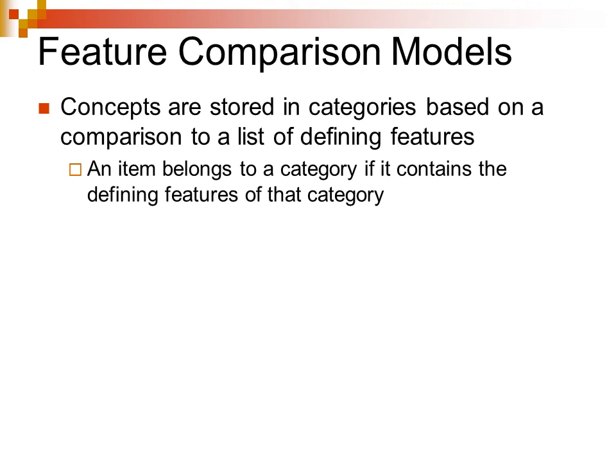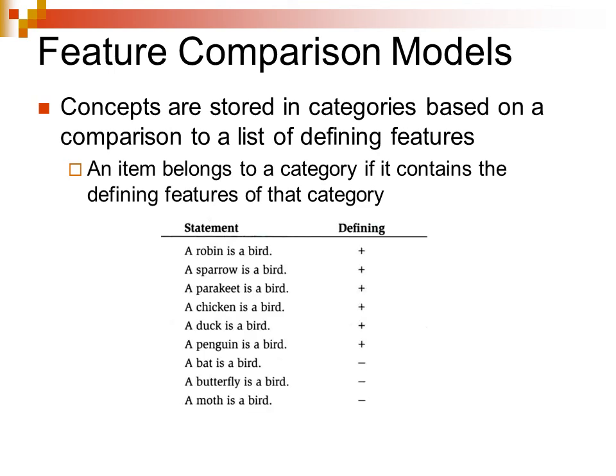To go over one last example, let's come up with the defining features for a bird, which would again be the features that an item must have to be categorized as a bird. So maybe the defining features are something like wings, beaks, feathers, and lays eggs for birds. So to decide whether to categorize an object as a bird, we simply have to check to see if it has all of the defining features.